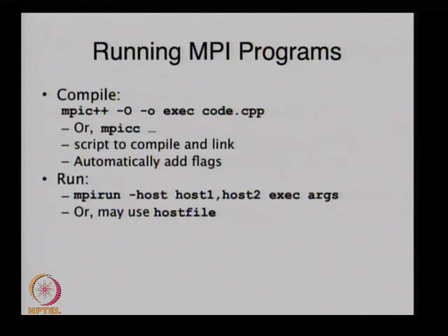What will happen if somebody on machine 1 says mpirun the same command and another person says mpirun the same thing? A different process. There will be no conflict. Yeah, it's independent of each other.